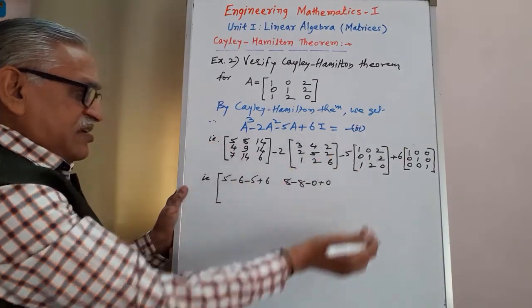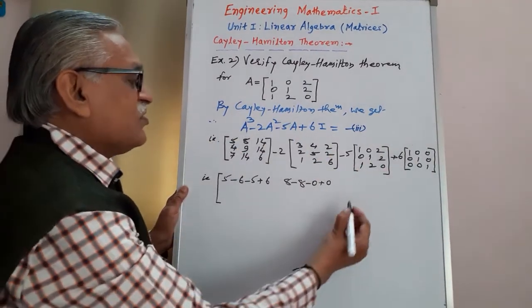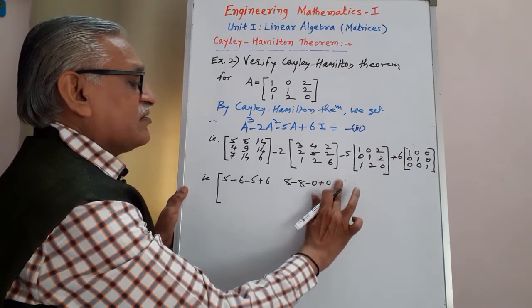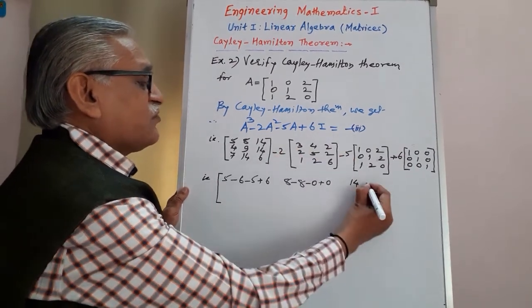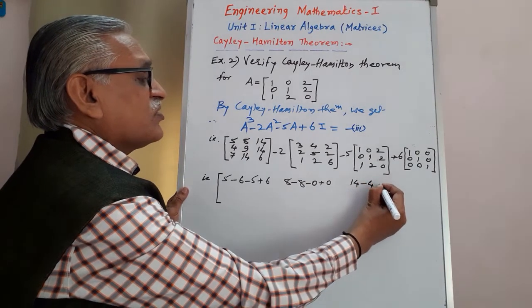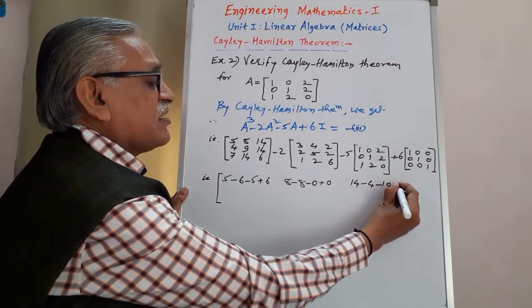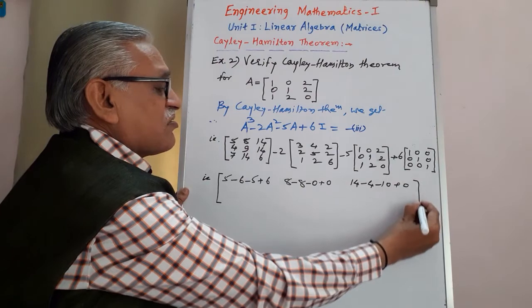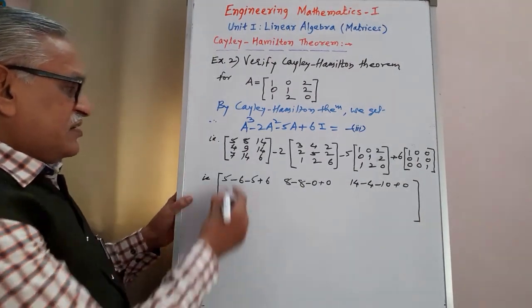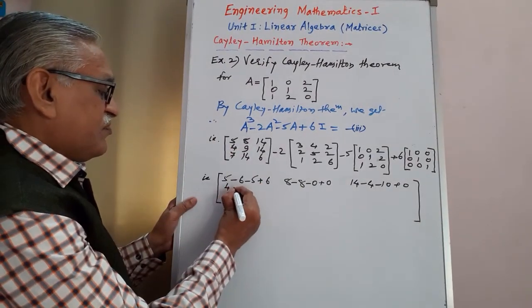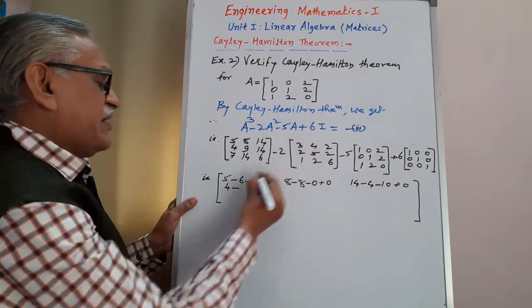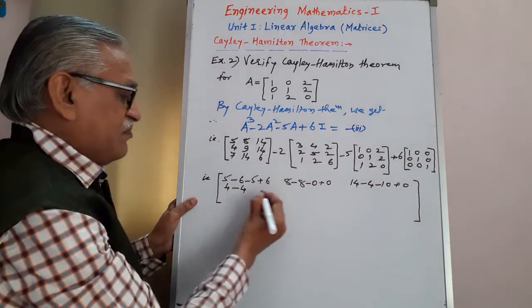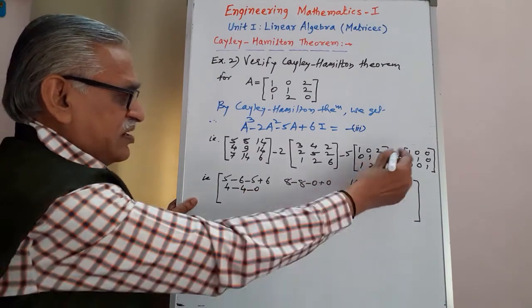Then addition of the third element of all, 14 minus 4 minus 10 and plus 0. Okay, then 4 minus 4 minus 0 and plus 0.